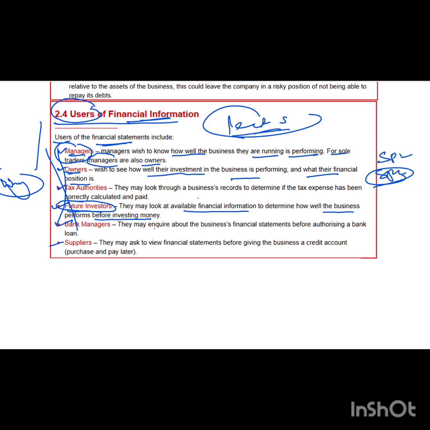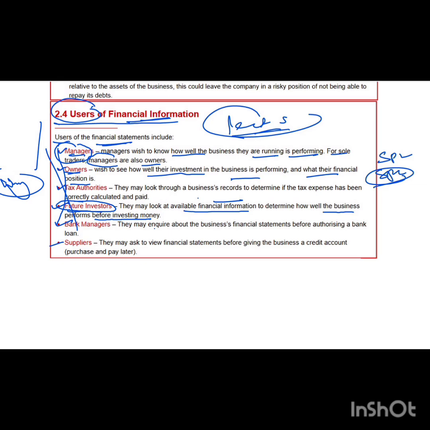Before investing, they have to understand the available financial information, and on that basis they determine how the business is performing. When the business is performing well and there is a good opportunity, then definitely they go for the investment. They want to decide if they should invest money in the business. For example, an investor checks the company profit before buying shares. The profit you will see in the statement of profit and loss. When they check those financial reports, after that they decide whether to invest in that particular company.